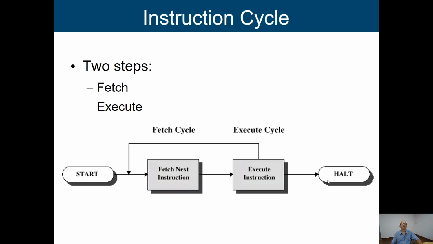Now, a very basic or simple instruction cycle we have discussed, and it is again two steps, fetch and execute. First it will fetch the information from memory and bring it to the processor, and after that the control unit will interpret that particular instruction and accordingly it will perform the job.